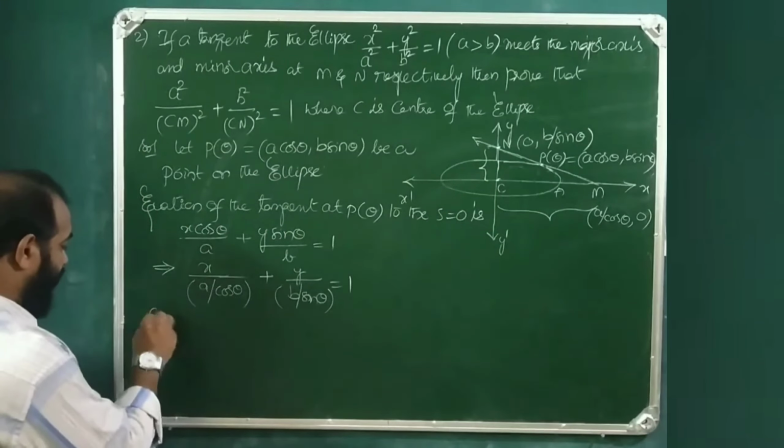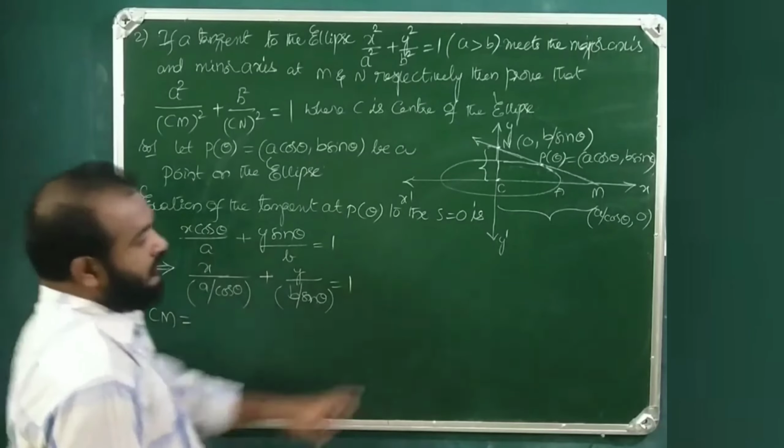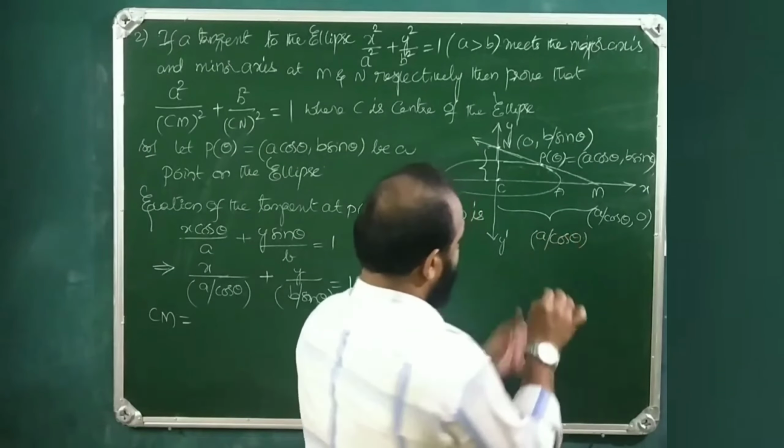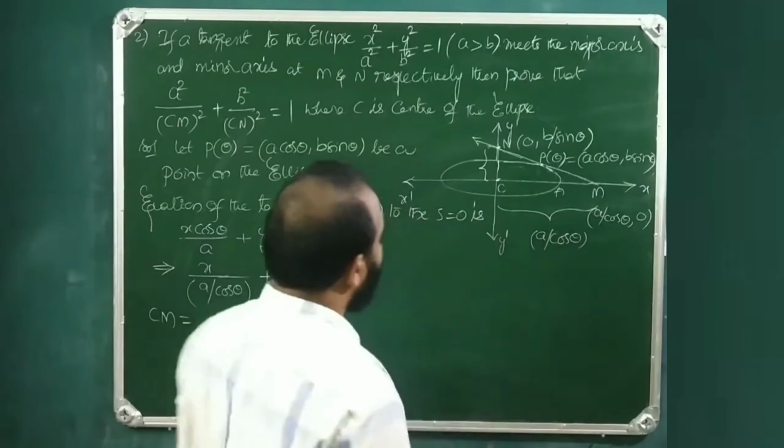So what is CM here? CM equals a by cos theta. This is the distance. And CN equals b by sin theta.